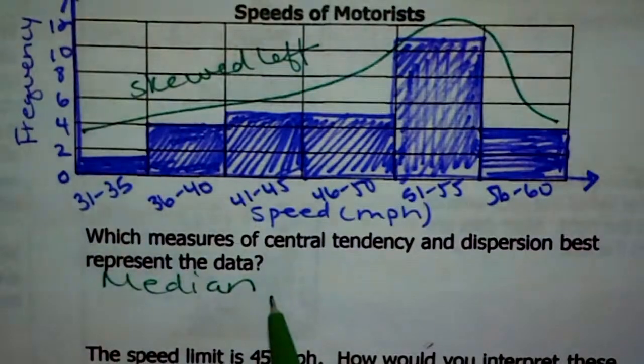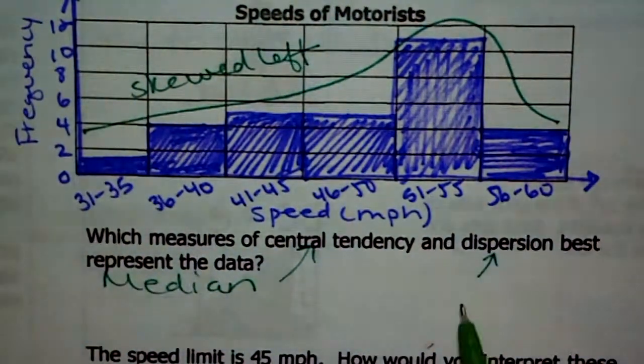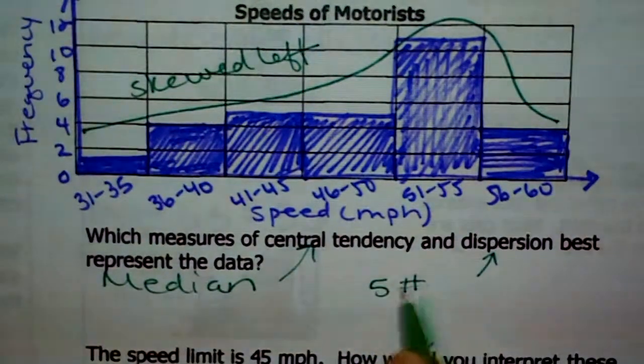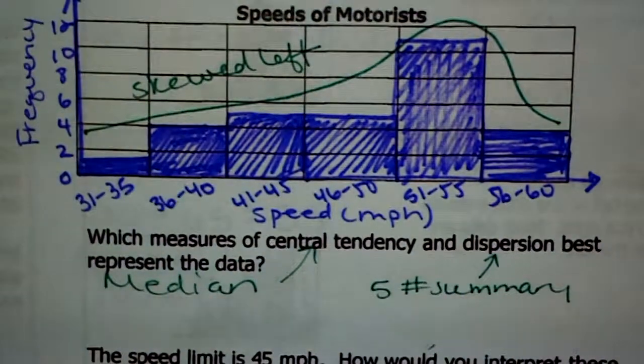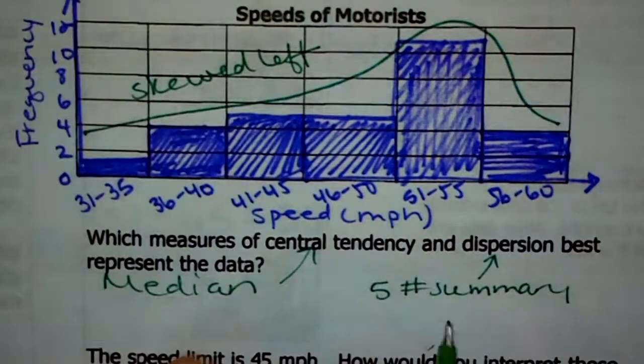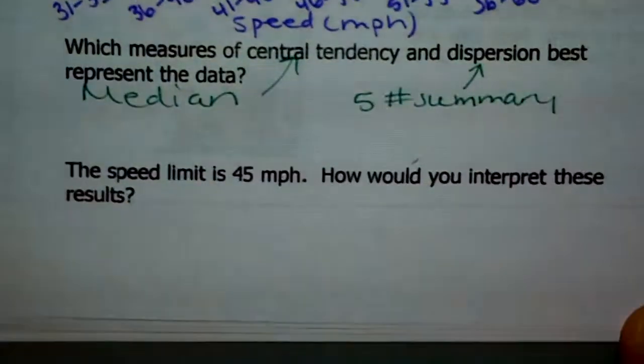So we're going to use the median for central tendency, and the best measure of dispersion when it's skewed is the 5-number summary. So skewed means median, 5-number summary. Both of those are kind of the easier ones if you think about it. The mean and the standard deviation, those two that go together, take a little bit longer to calculate than these two.